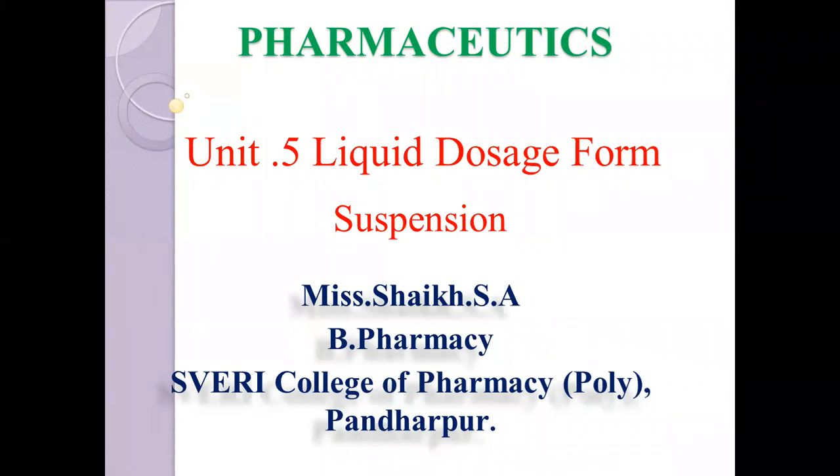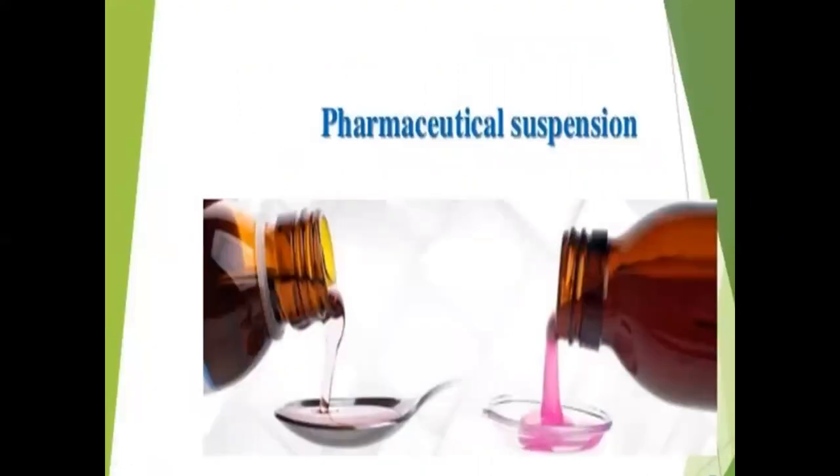In this chapter we have to study the qualities of a good suspension, the classification of suspension, meaning the types of suspension, and what is meant by flocculated suspension and deflocculated or non-flocculated suspension, and the difference between them. Then we will study the formulation of suspension, in which different additives are used, such as flocculating agent, thickening agent, preservative, wetting agent, or organoleptic additives.